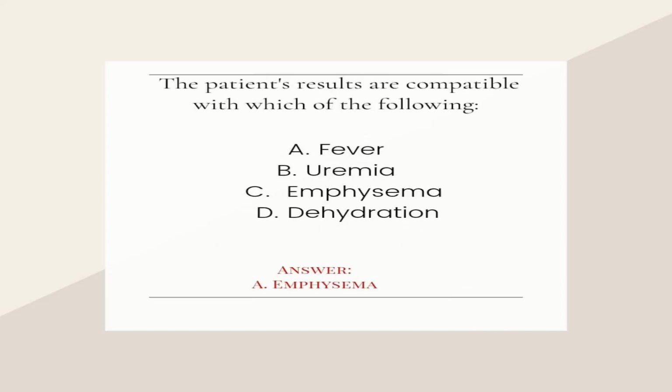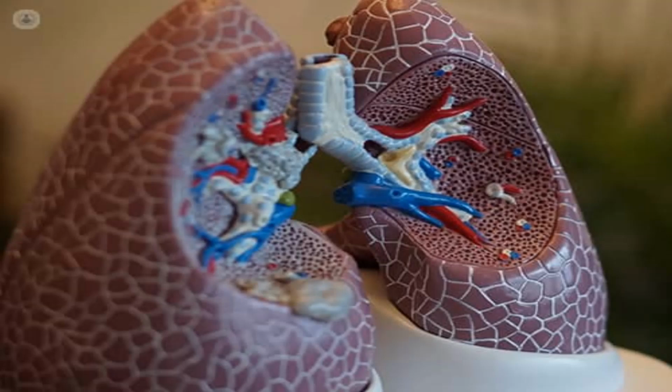So that will be consistent with emphysema, which is the accumulation of fluids in the alveoli of the lungs. That of course will limit expulsion of CO2 from the lungs. So how did you do?